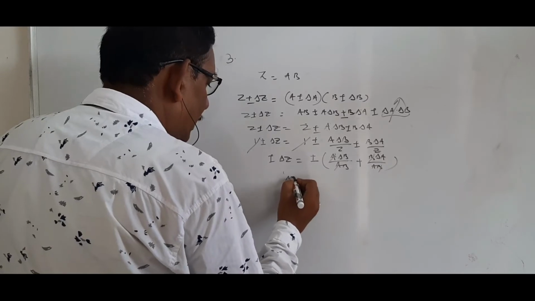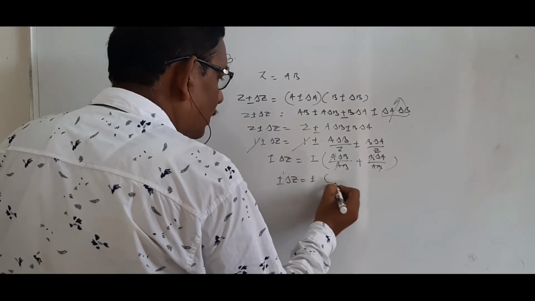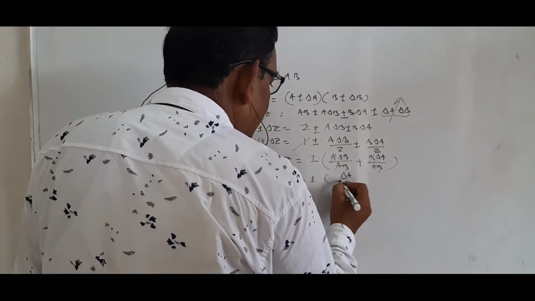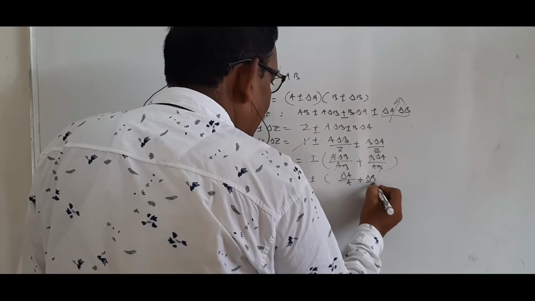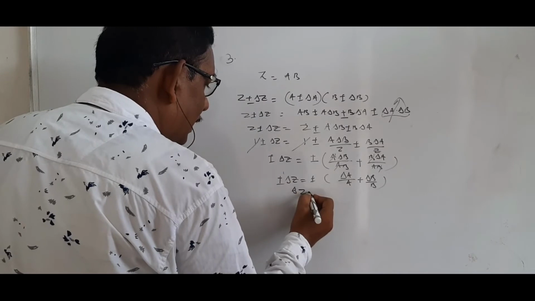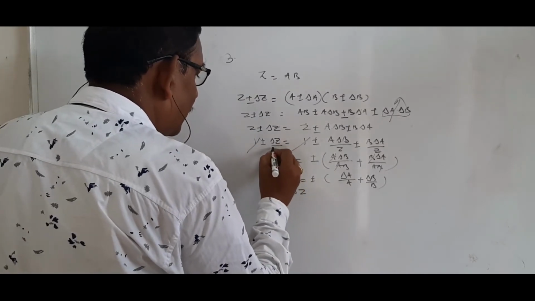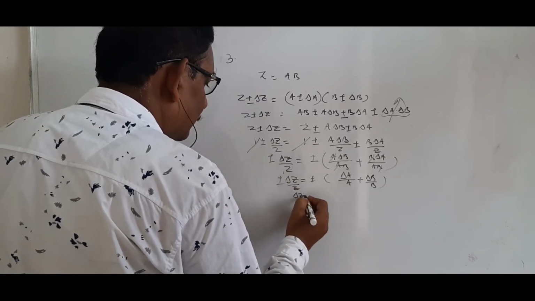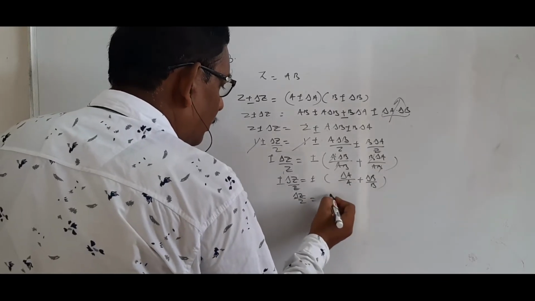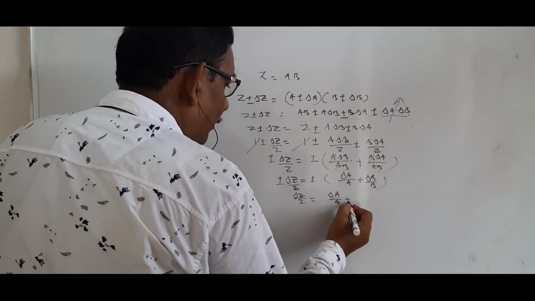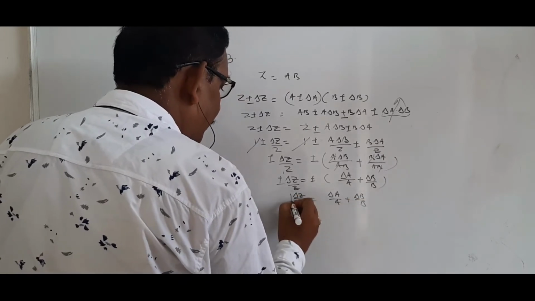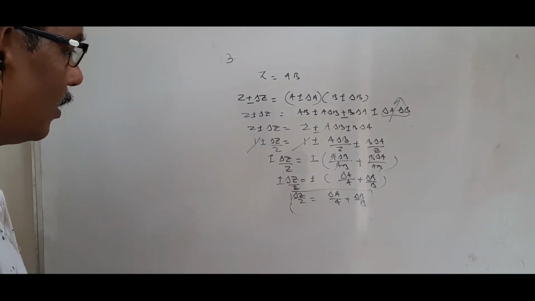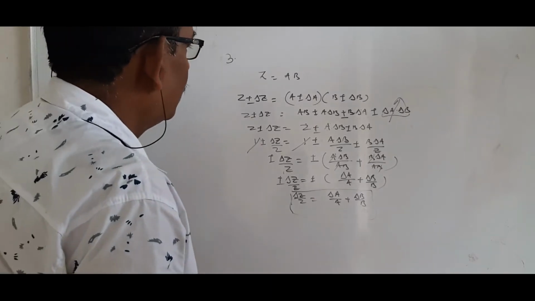So delta Z, rewrite systematically, delta Z by Z equal to delta A by A plus delta B by B. It is the maximum possible fractional error or the relative error. Clear?